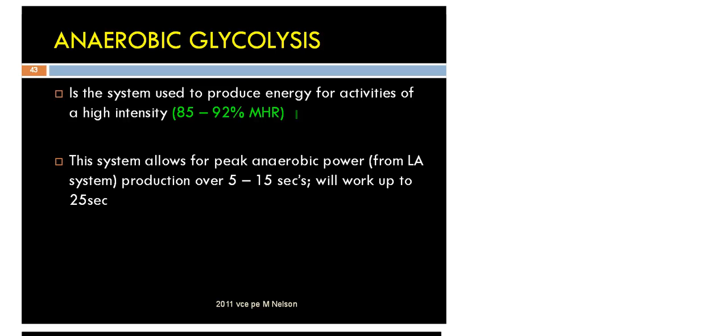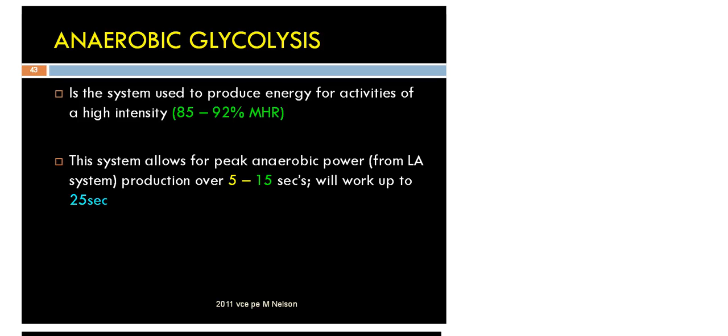The system will reach its peak power at around about 15 seconds. Could be as early as 5 seconds, just depending on the intensity of the work that is being done. And again, could last at its peak for the activity up until about 25 seconds, again, depending on the intensity of the activity.